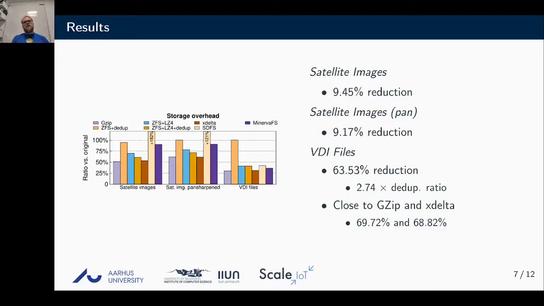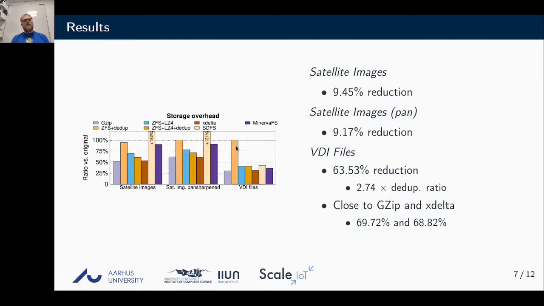What we achieved with MinervaFS is actually quite remarkable, because we showed that compared to ext4 as the baseline, we were able to provide reduction across all datasets, and that is even more remarkable when you look at the pan-sharpened and VDI files, where we are able to provide 19.17% and 63.53% reduction in storage space.